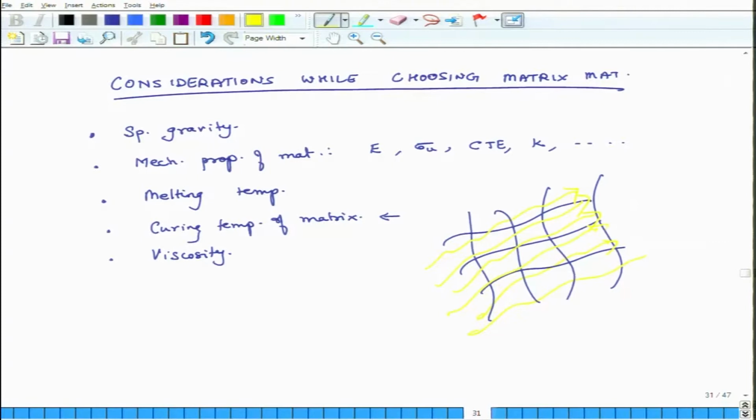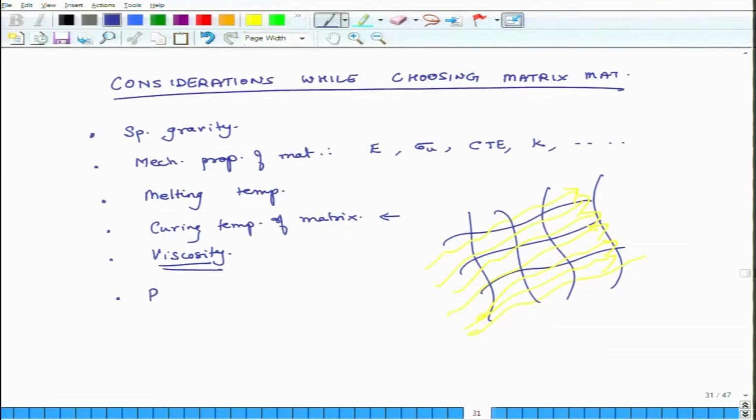A material which is extremely viscous will not flow between the fibers very easily, and as a consequence fibers will be, at some places wet, but at other places they will remain dry, and where they remain dry they will remain unconnected with the overall system. So, there will be internal cracks. So, for processing related reasons, viscosity is a very important parameter. You have to make sure that whatever the viscosity is, it does not create problems like this.